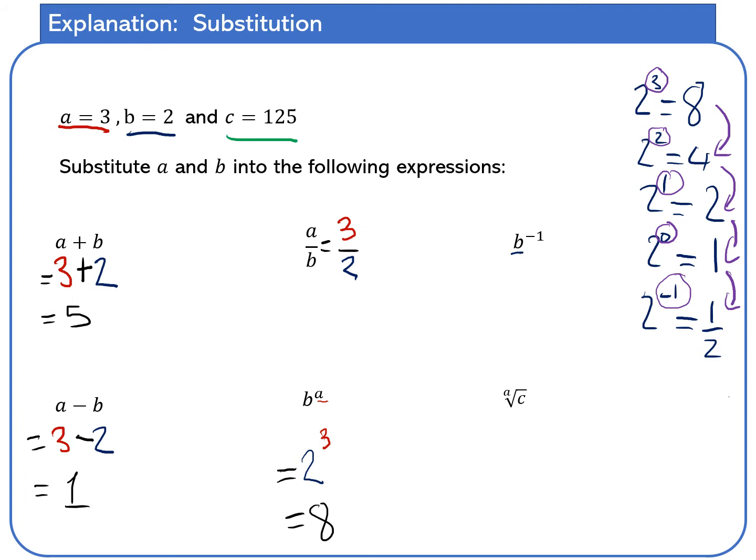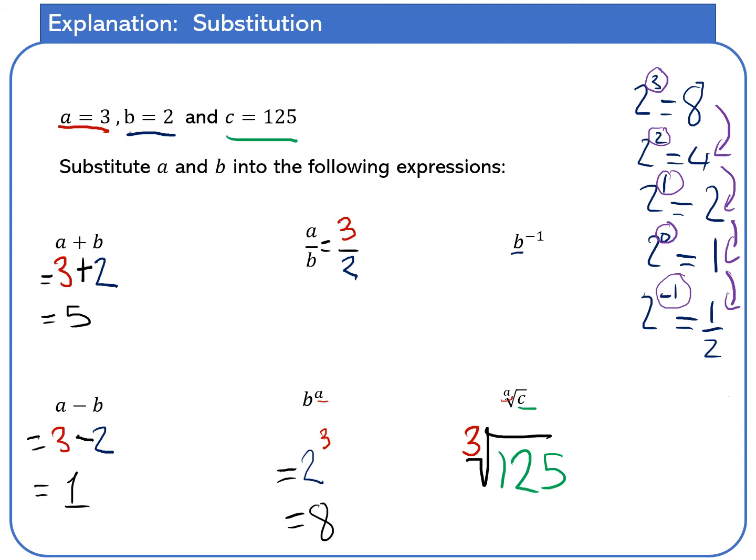Right, finally I need to replace A with 3 and C with 125. So let's get my root, let's make that a bit bigger so we can see everything. So I've got 3, I've got 125.